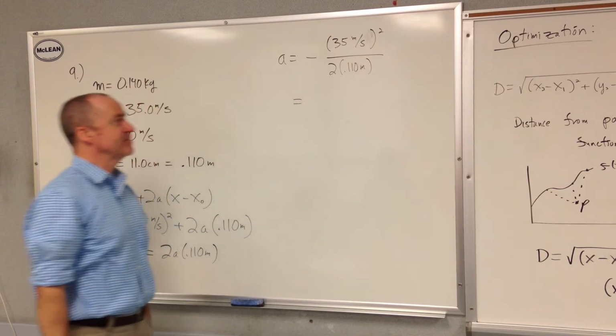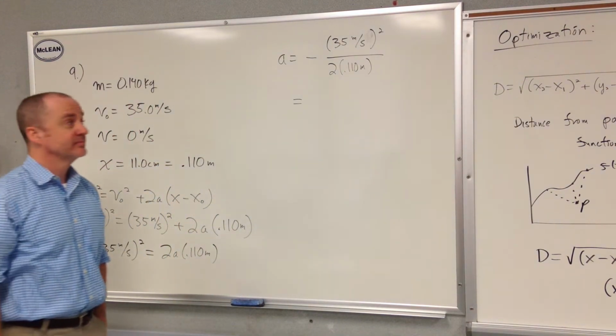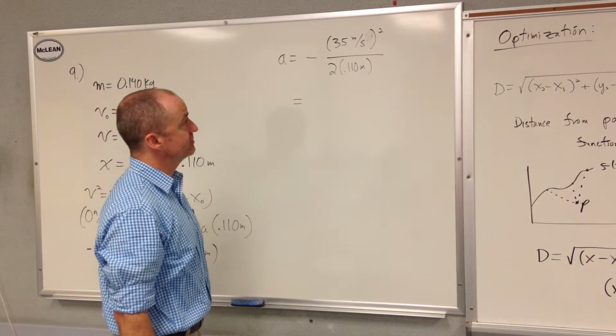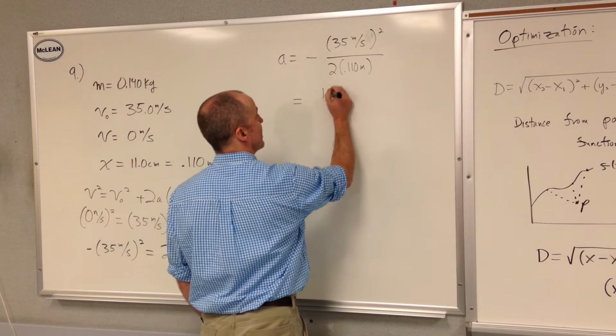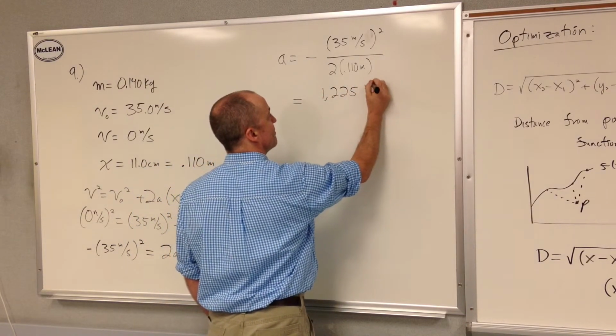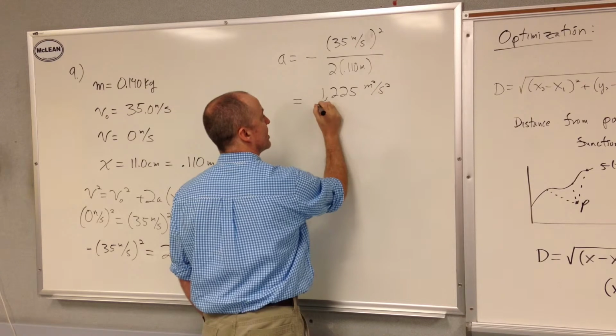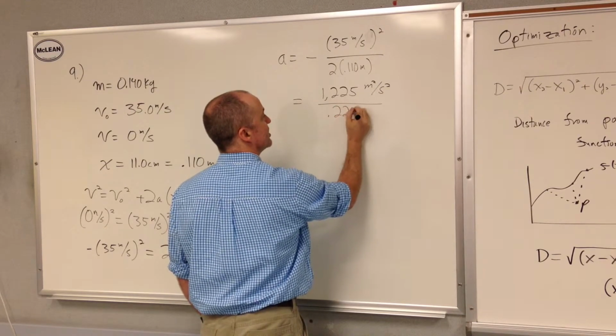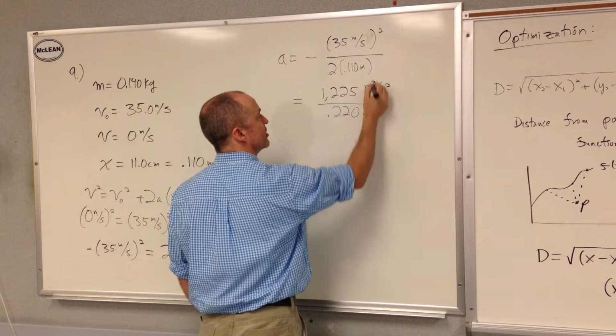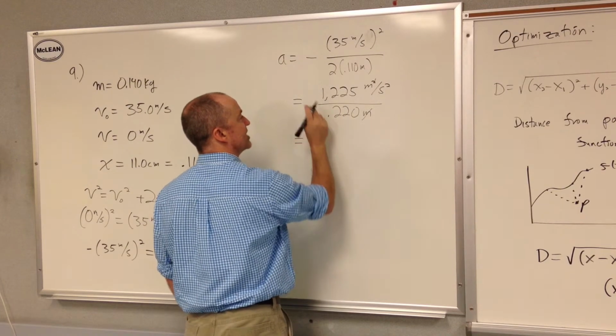What is 35 times 35? 1,225. So 1,225 meters squared per second squared over 0.220 meters. That meters will cancel with that. I will get an acceleration.